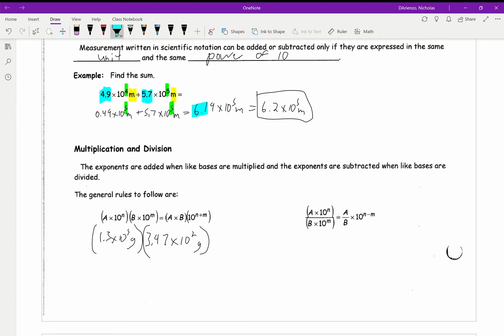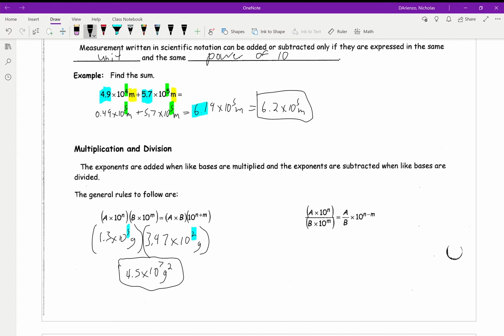Since we're multiplying, we're going to add 5 and 2. So we multiply 1.3 times 3.47. We get 4.5 times 10 to the 7th. So we add those exponents together. We're multiplying, so we also multiply our units: a g times a g gets us grams squared. And there's our answer.